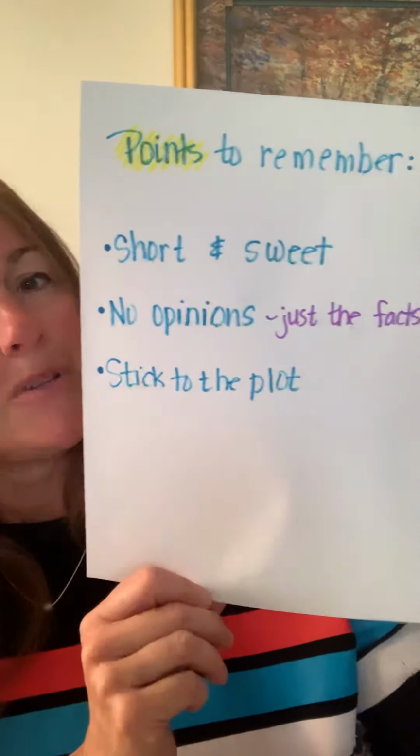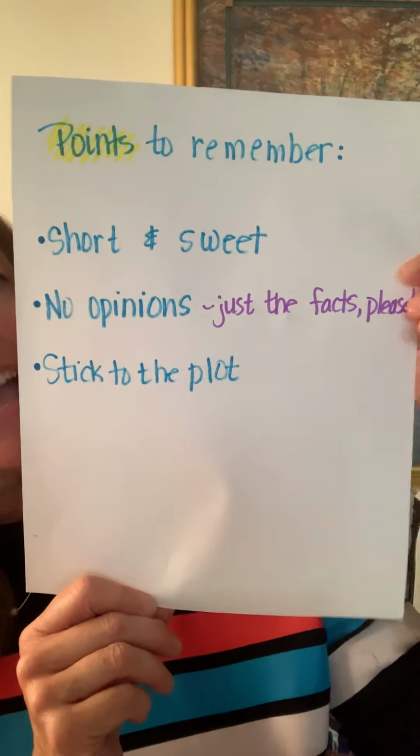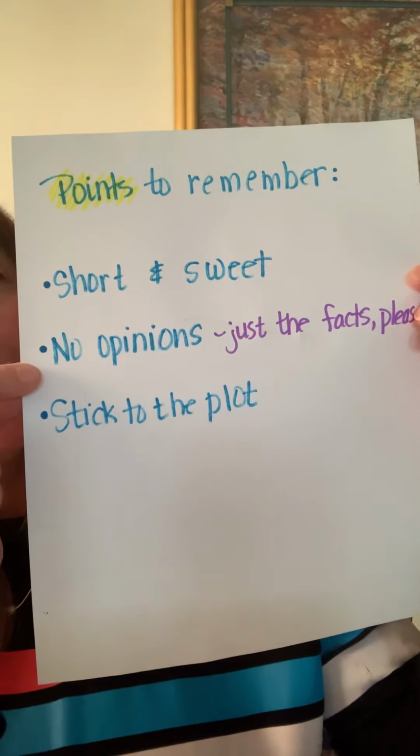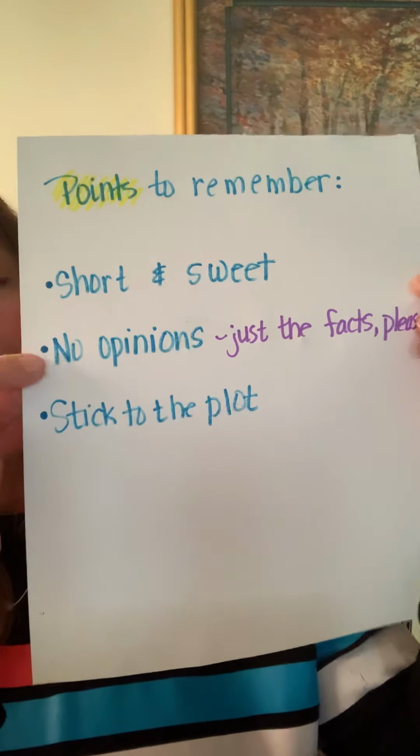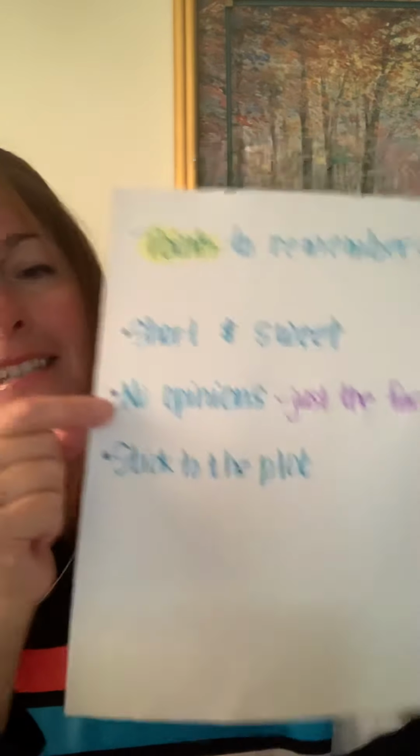Some points that I wanted you to remember is to keep it short and sweet. And also, no opinions. Stick to the plot. This one is the toughest, no opinions. In one of the stories you're going to read, I'm going to give you a little spoiler, okay? In one of the stories you're going to read, it talks about an enchantress. And one of the characters was so afraid of what might happen to him that he ran away.